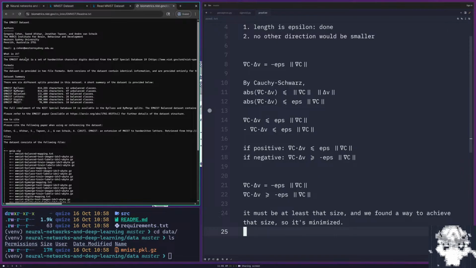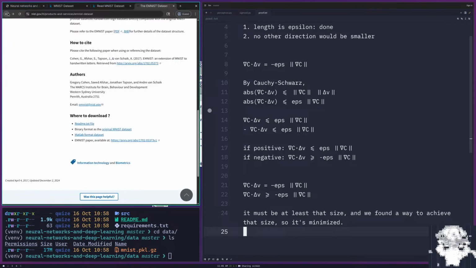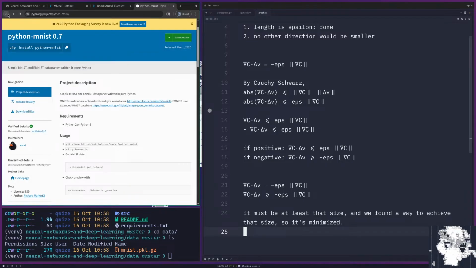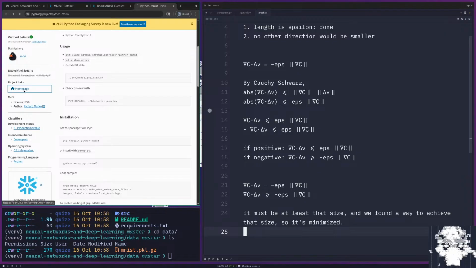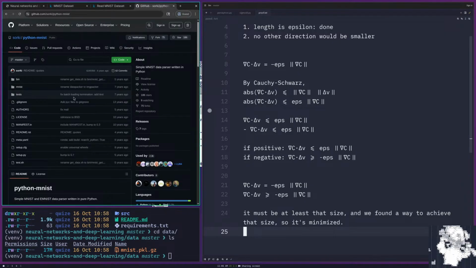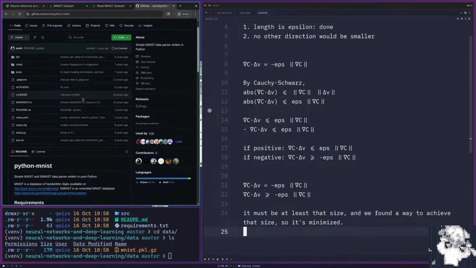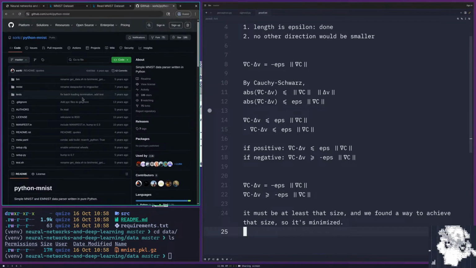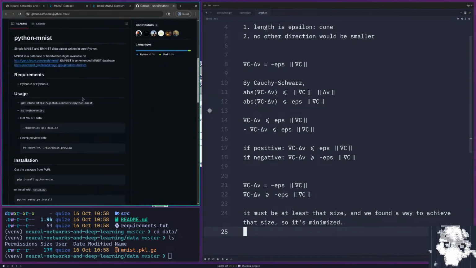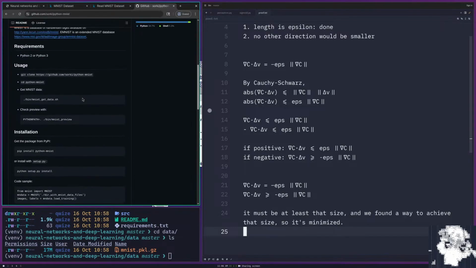So how do I get it? Or I guess that's what this Python project does. Is this what we were looking at? Yeah. Okay, I mean, I guess we can use this.